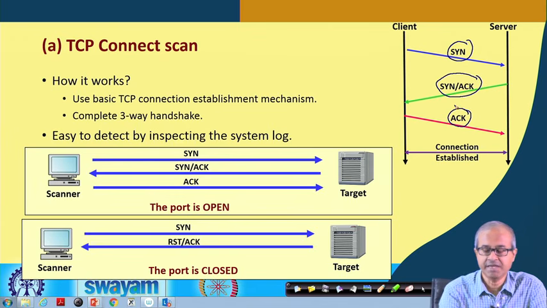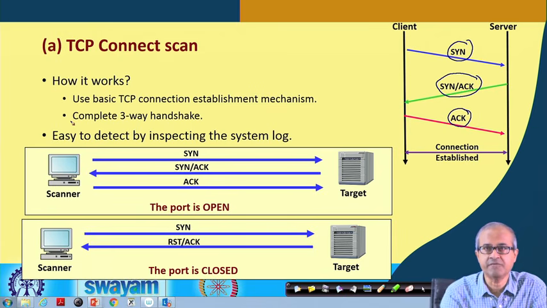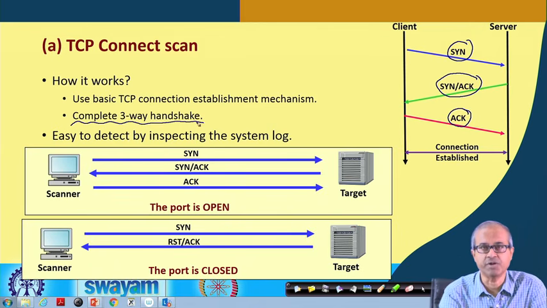Now, in TCP connect scan, we basically utilize this mechanism of connection establishment. Okay. So, the attacker or the person who is mounting this kind of host discovery or port scanning tries to complete the 3-way handshake on particular port numbers, and if it finds that the 3-way handshake is successful, this will mean that the particular port number is presently open.